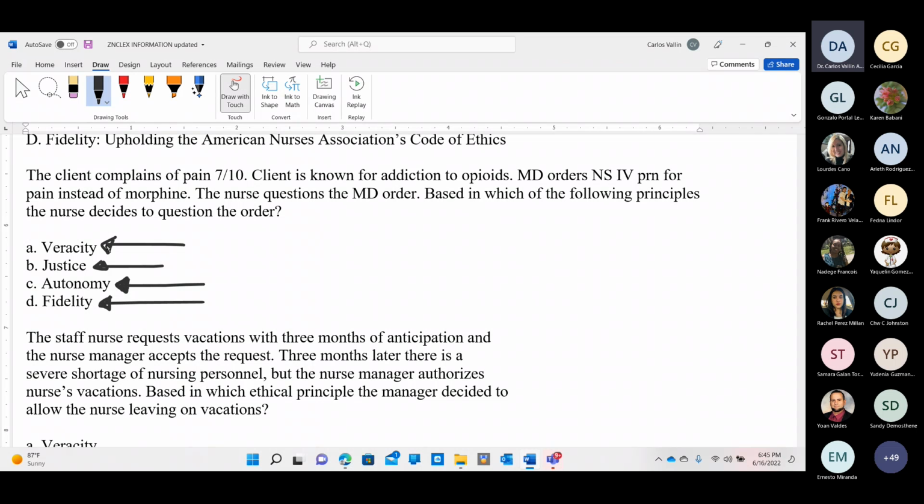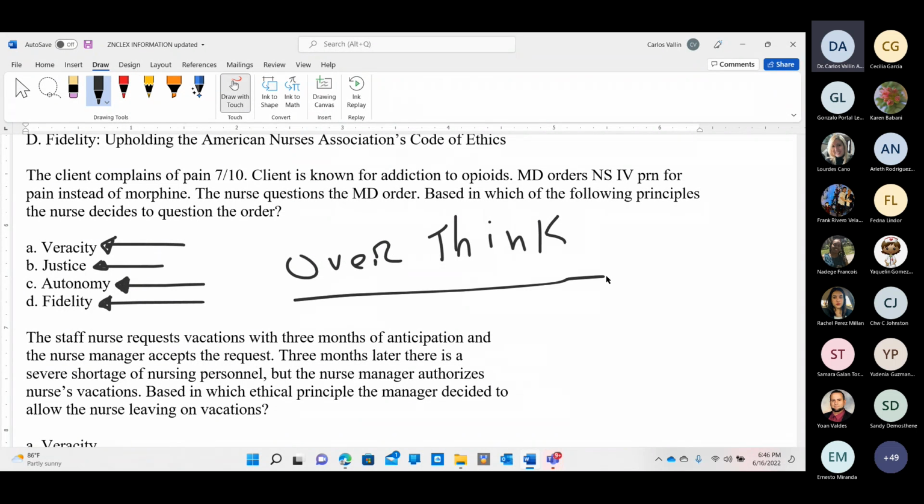So sometimes I don't know about you, but for me the ethics questions become complicated because sometimes I overthink. I want to share with you my wrong areas when I'm dealing with questions for the first time. And this is probably my problem.